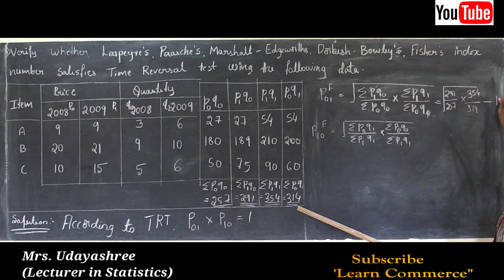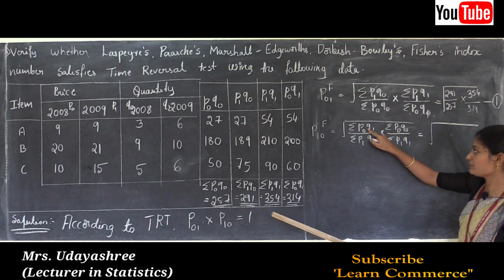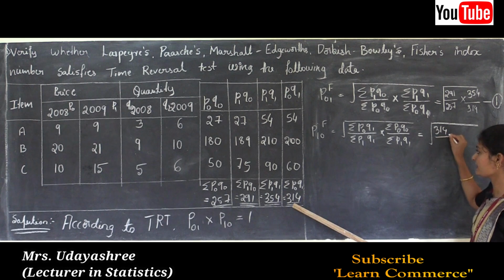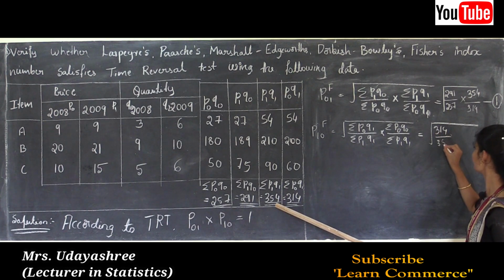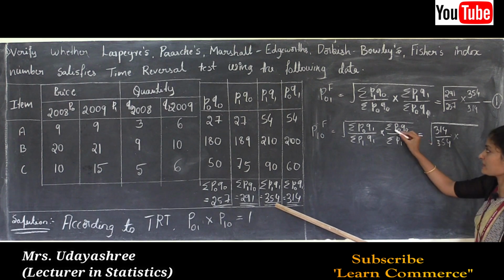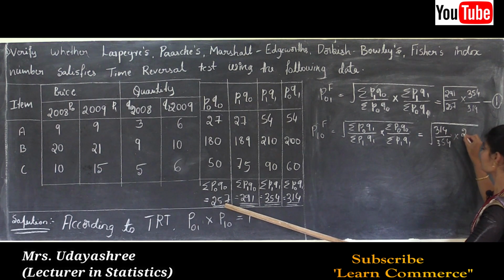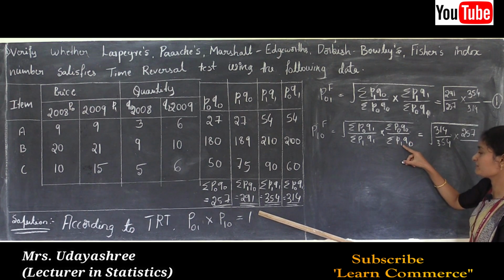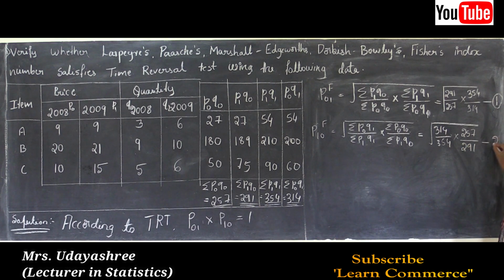This is equation number 1. Here, square root of summation P0 Q1, which is 314, divided by summation P1 Q1, which is 354, into summation P0 Q0, which is 257, divided by summation P1 Q0, which is 291. This is equation number 2.